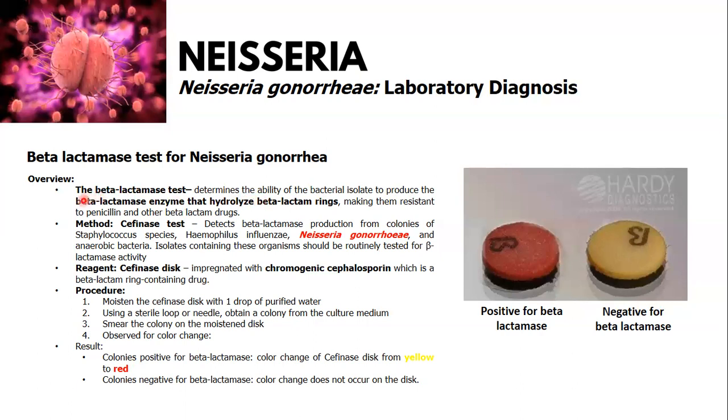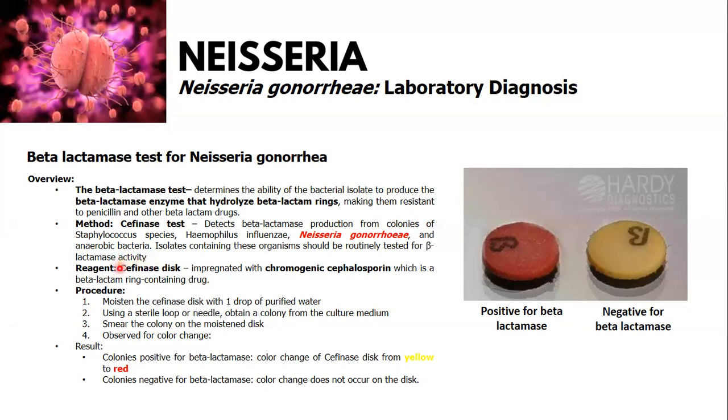So the method used is the Cefinase test, and this test detects beta-lactamase production from colonies of Staphylococcus species, Haemophilus influenzae, and in this case, Neisseria gonorrhoeae, and anaerobic bacteria as well. And take note that isolates containing these organisms should be routinely tested for beta-lactamase activity to determine whether or not penicillins and cephalosporins are still capable of inhibiting them.